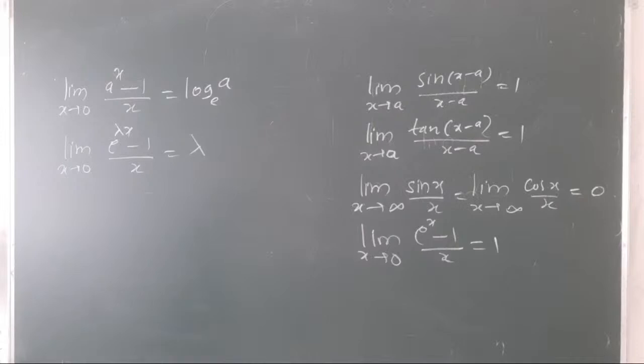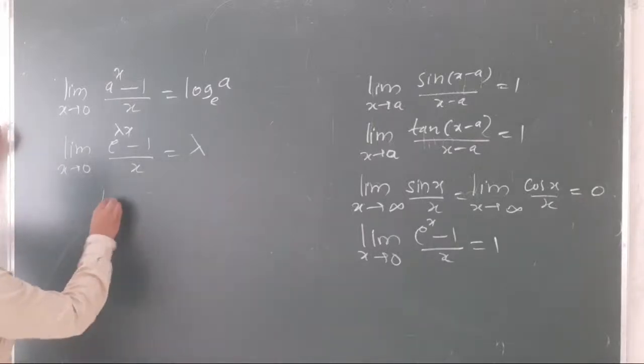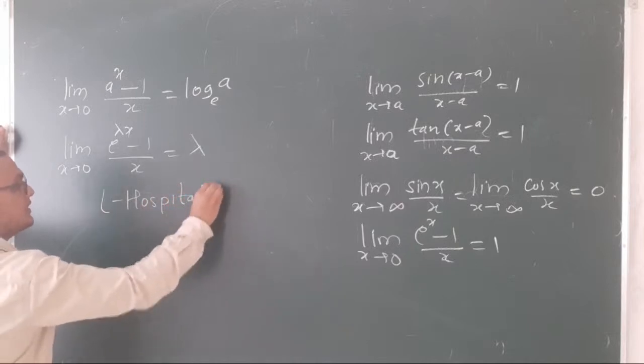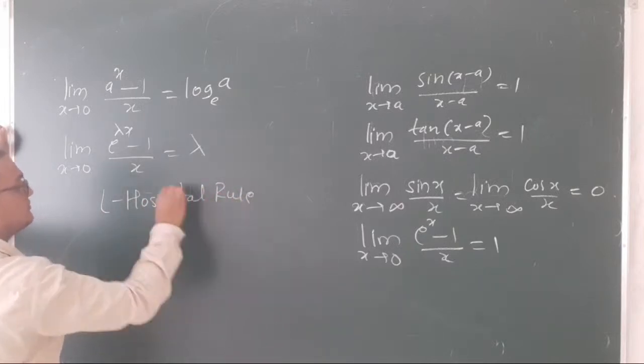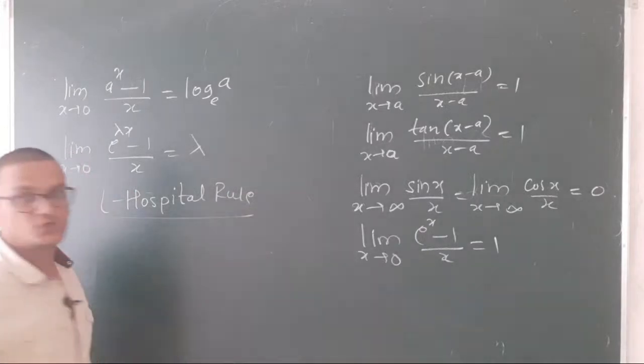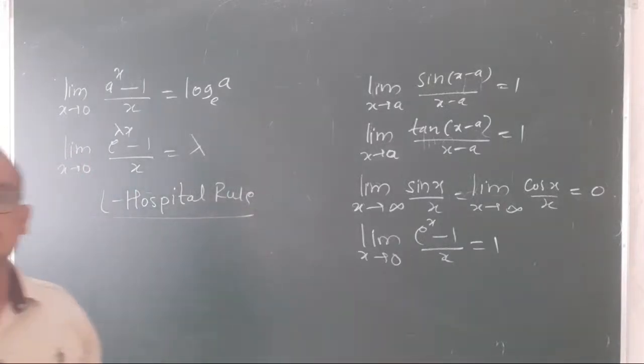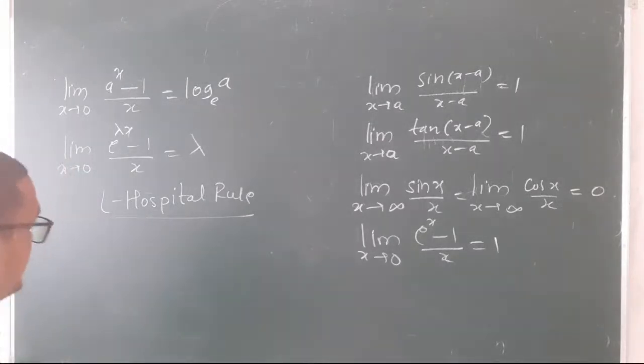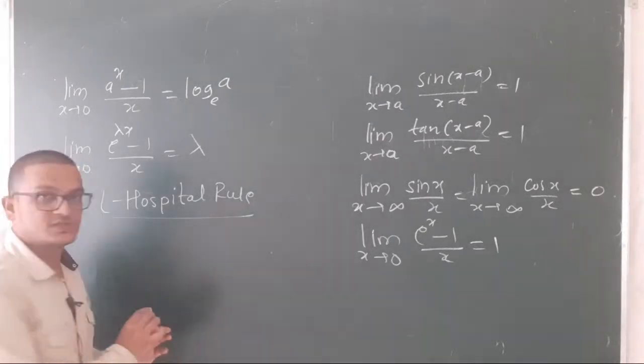After that, you should know what is L-Hospital rule. Okay, you should know in the limits, that is L-Hospital rule. What is meant by L-Hospital rule is, suppose now any function is given in the limit.